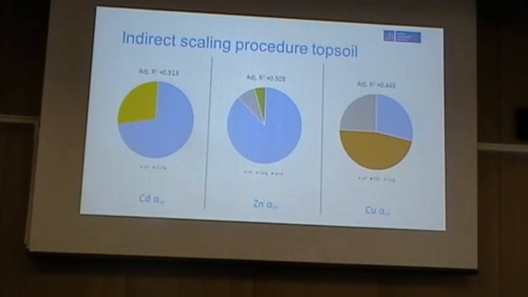As you can see, pH is important for cadmium and zinc sorption, and in contrast, the CEC is more important than pH for copper. Another valuable parameter is the adjusted coefficient of determination, which shows only a moderate significance and makes us worry about the result of the indirect scaling procedure.